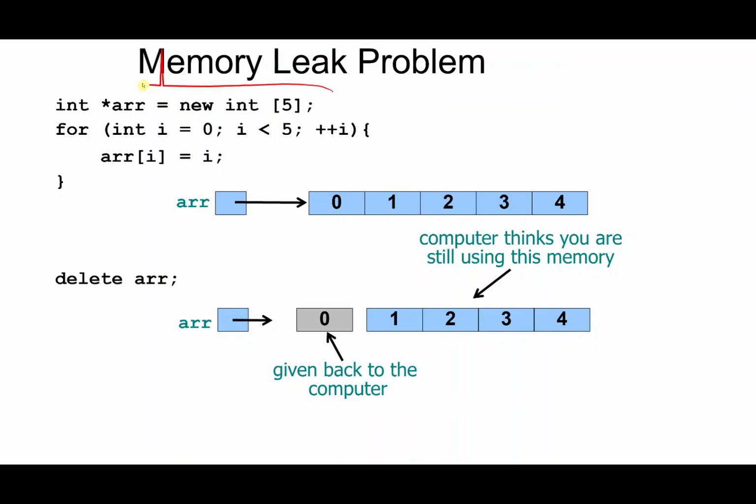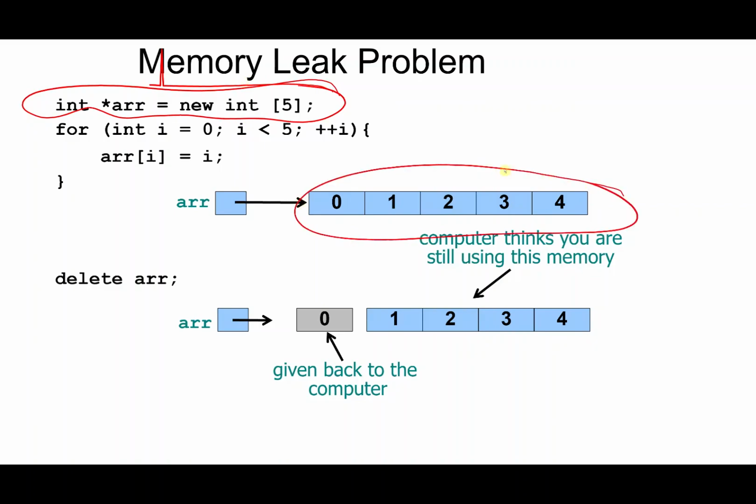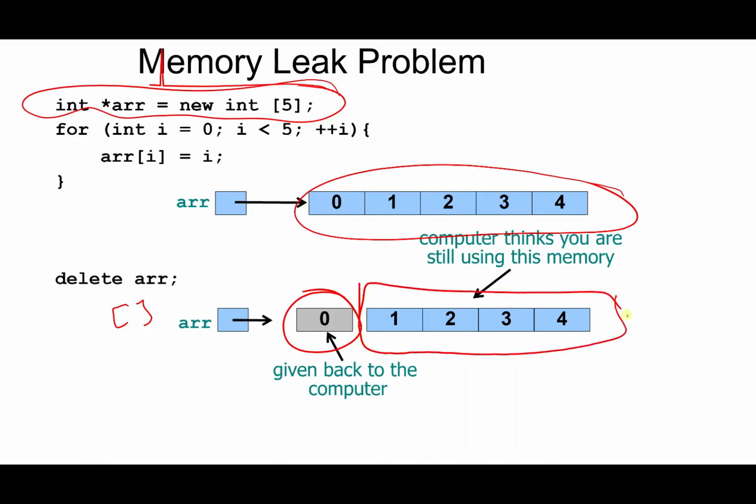So something like this, if I have an asterisk array of 5 locations, so I ask for 5 locations in the heap. And then, when I give back the memory, I forget the square brackets. So I give back only the first one. And the operating system still thinks that I'm using those, while actually I do not have access to them.